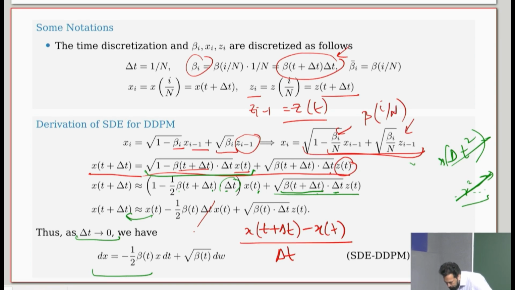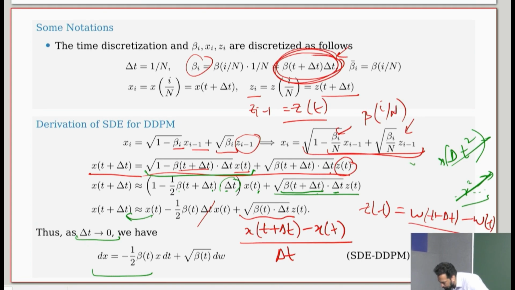The way beta t delta t is defined, or the way beta is discretized, it will be beta. And zt we write as w t plus delta t minus wt, and then we divide by delta t here as well.